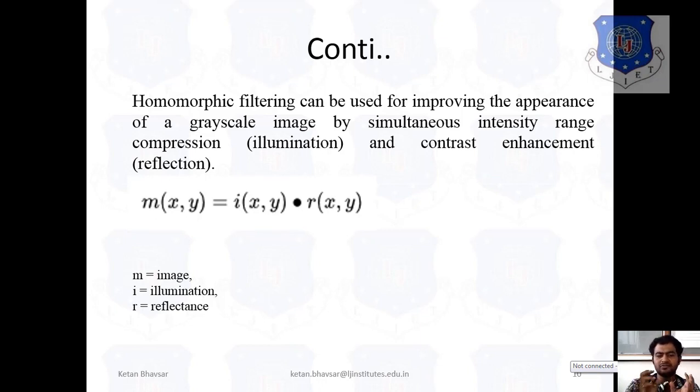But for that we have to work on specific content, like we have an image, we have an illumination factor, we have a reflection content. With the combination of illumination and reflection, we are getting a better outcome. And for receiving a better outcome, definitely we have to deal with the homomorphic filter, and this homomorphic filter can achieve better results as compared to the grayscale.